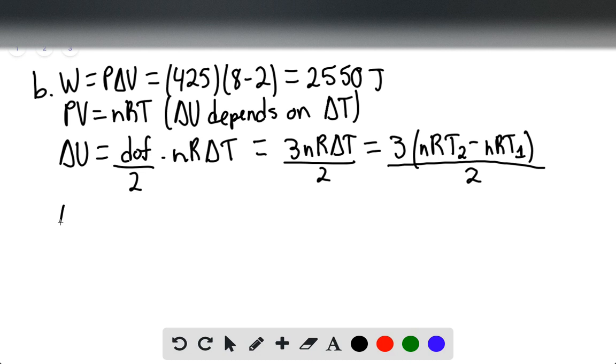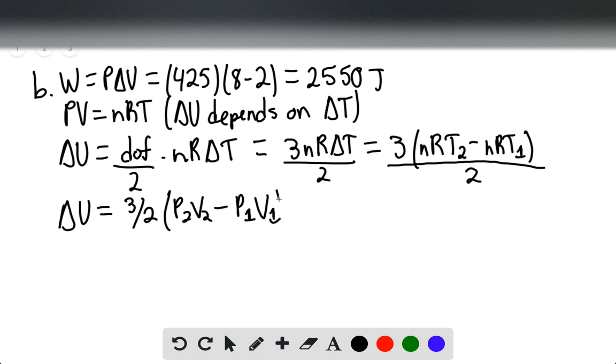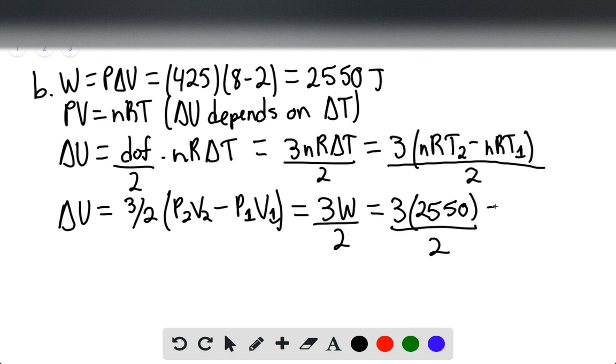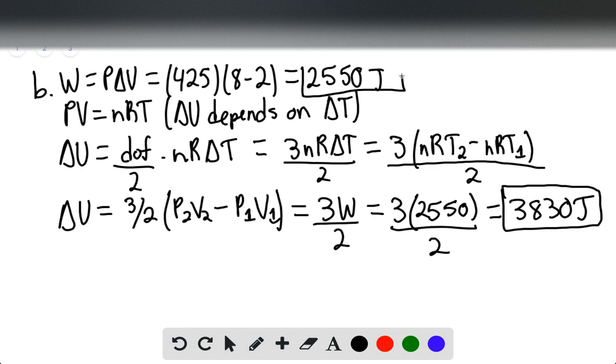We can substitute and say delta U is going to be equal to 3 over 2 times P2V2 minus P1V1, and this is going to equal 3 times the work over 2, or 3 times 2550 divided by 2, and this is giving us 3,830 joules. So this would be the change in internal energy, and this would be, of course, the amount of work done, all in process A. This is all for process A.